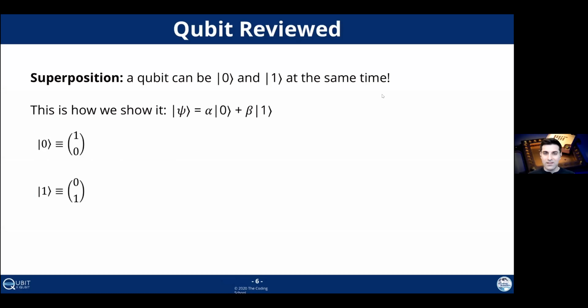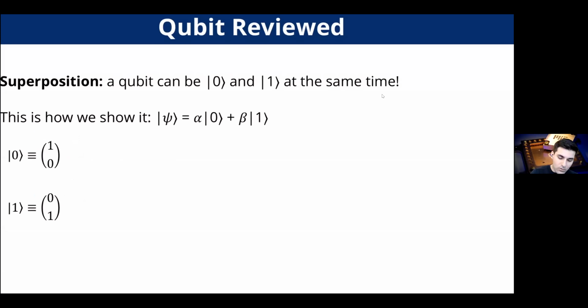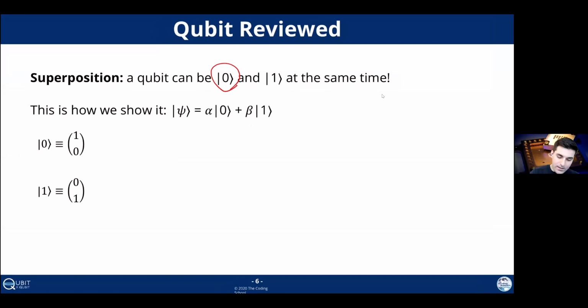So again, let's do another quick review. The concept of superposition tells us that a qubit can be in the state 0 and state 1 at the same time. And the way that we show the state of a qubit, and this is what you have seen throughout the past semester and all the lectures that we've had on quantum mechanics, is that we show it as psi is equal to alpha times the 0 state plus beta times the 1 state.